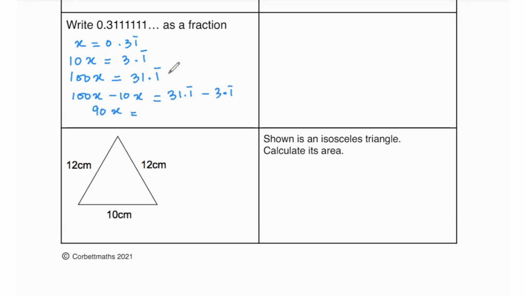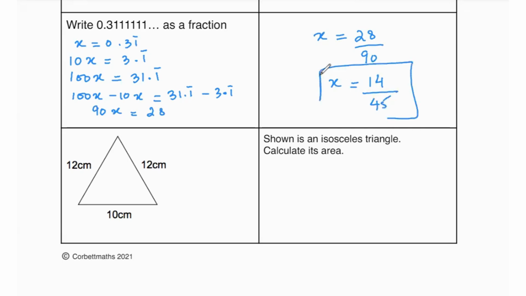So that can only be done if you subtract these. So 31.1 minus 3.1 is going to be 28. So x is going to be 28 over 90. We can divide both of these by 2, and that's going to give us 14 over 45. That is your answer.